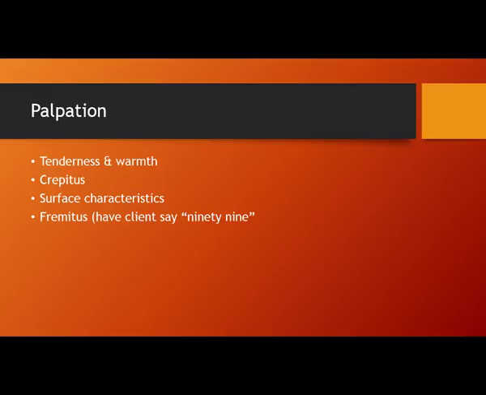There are going to be some areas where you'll feel some vibration, but what you're really looking for is an asymmetry. If you feel a lot of vibration on this side, and then you go to the corresponding place on the other side and it's much less or not at all, that would indicate that you probably have an area of consolidation where you felt the vibration.